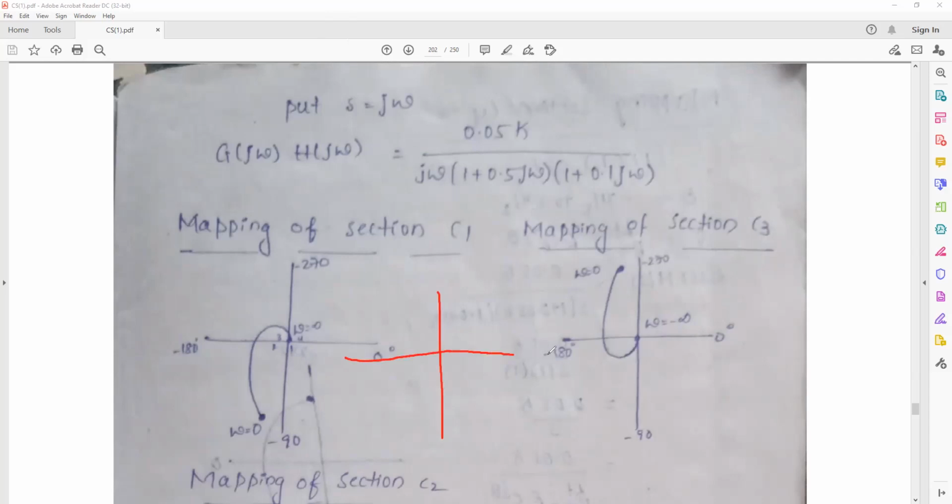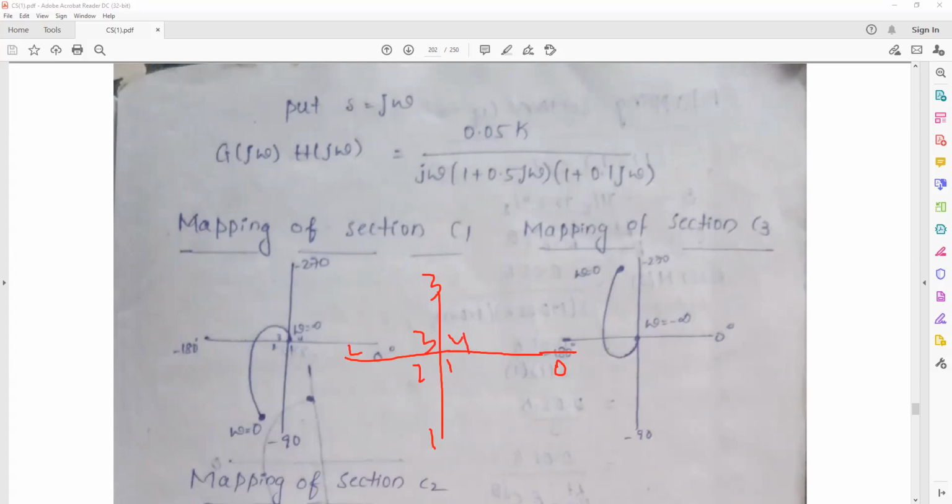The start of the polar plot depends on the type: type 0, type 1, type 2, type 3, and the order: order 1, order 2, order 3, and order 4.